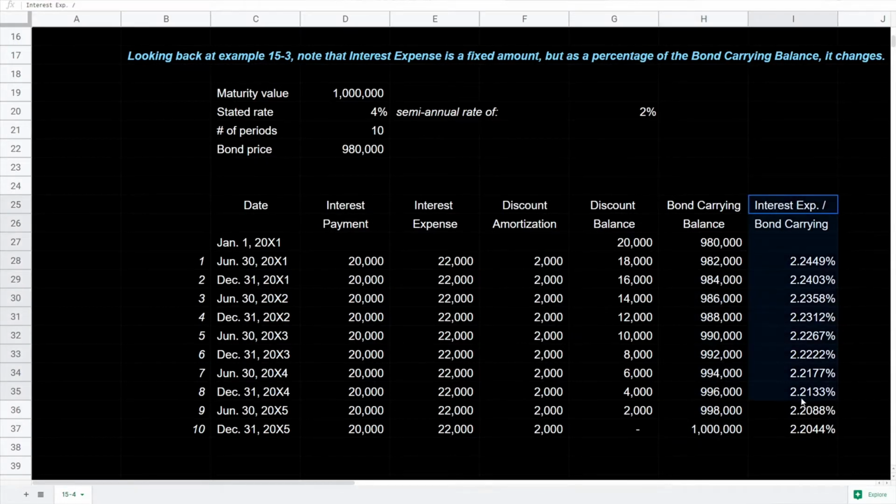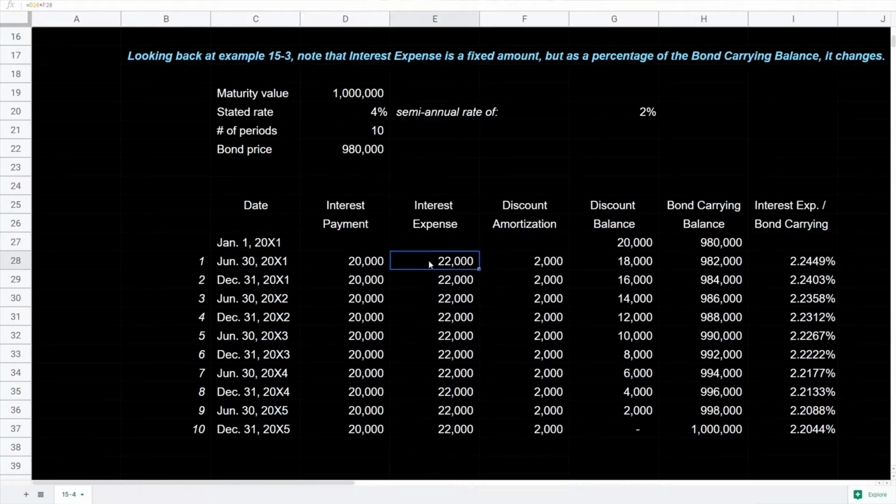What I've added is an additional column. That additional column looks at interest expense divided by the bond carrying balance. Allow me to explain. From the issuance, the bond carrying balance is $980,000, and it is that way for the next 6 months until the first payment.